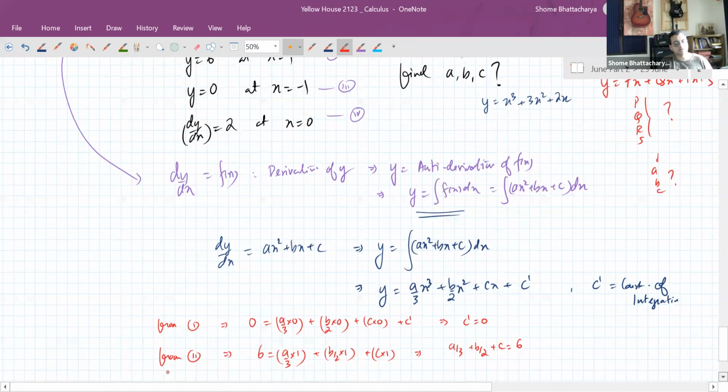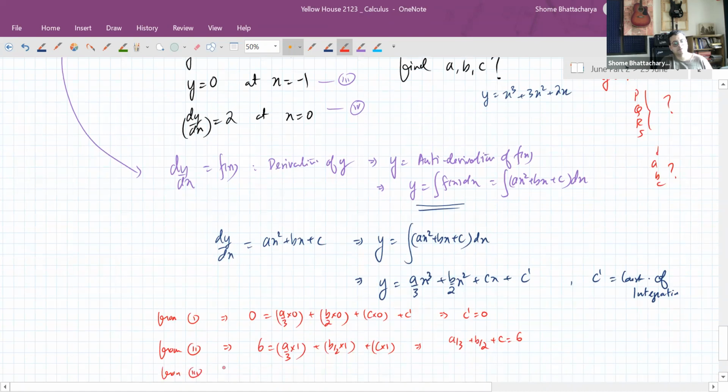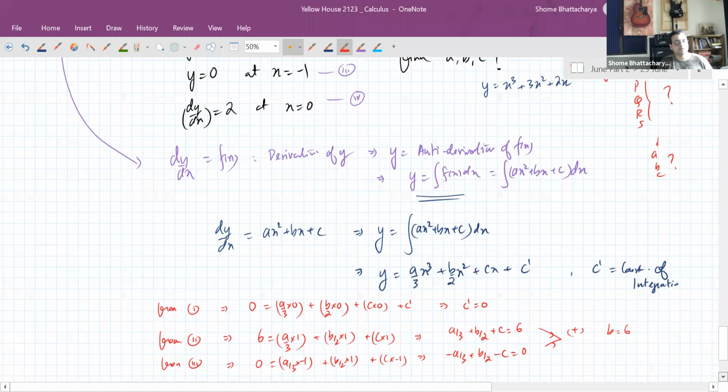Then from condition 3, y is equal to 0 when x is equal to minus 1. So b by 2 stays, it's 1 square, but this will be c into minus 1 again. So we get the equation minus a by 3 plus b by 2 minus c is equal to 0. Now we combine these two equations. By just adding them, we get b is equal to 6.